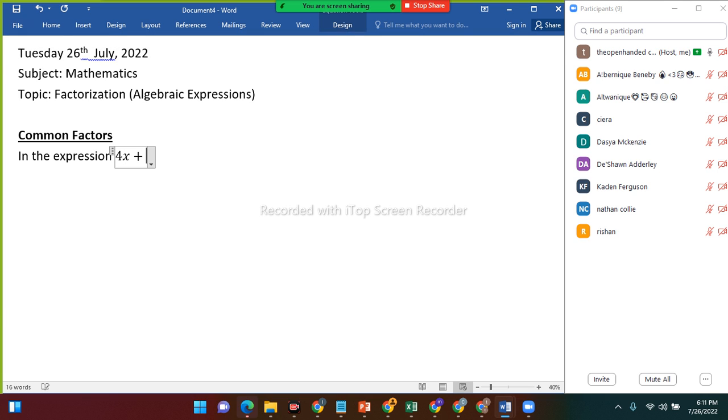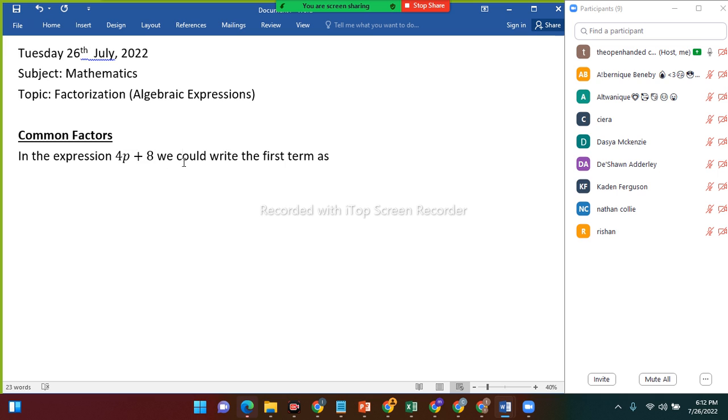In the expression 4x plus 8, we could write the first term as, and instead of using x, let's use p, because x would get mixed up with the multiplication sign. So let's change it to 4p.